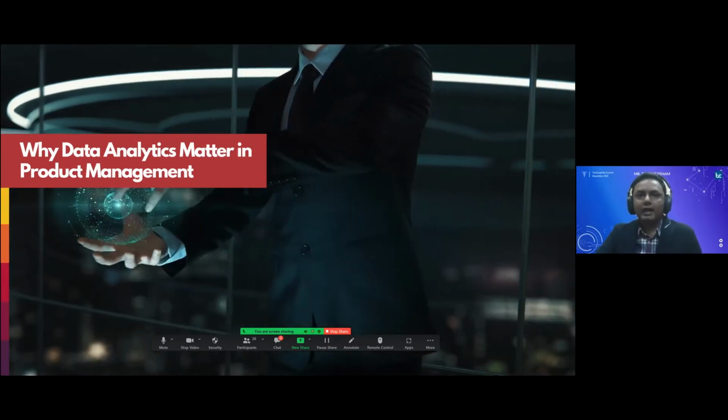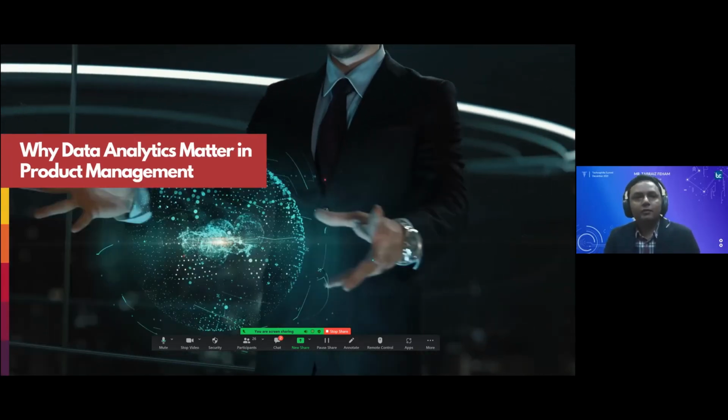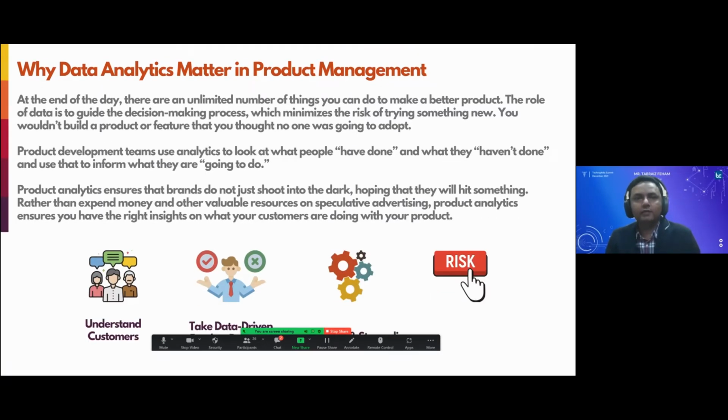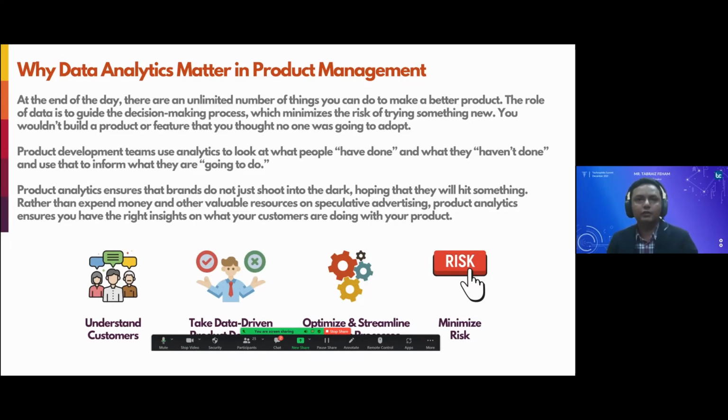Now we'll look at why data analytics matters in product management. I won't go into the detail, but at the end of the day, the whole idea is to churn out a better product. And you can churn out a better product by understanding the customer: what exactly they are saying, how exactly they are using your product, what their feedback is, what their demand is.